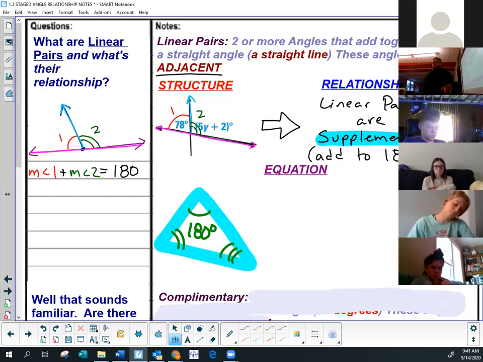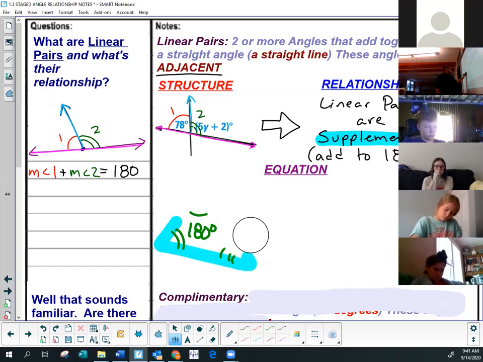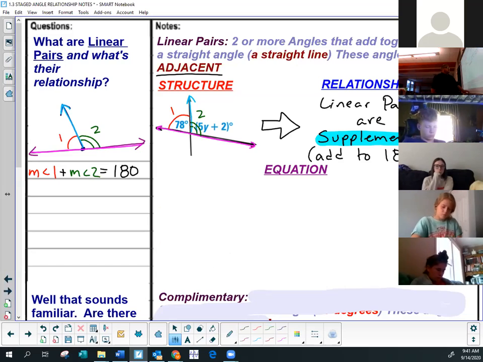What can you call them? They're supplementary, but they're not linear pairs. And that's the difference I'm trying to demonstrate here: linear pairs are always supplementary, but you have examples of things in the world that are supplementary without being linear pairs. So I just want you to be careful with that, because again, supplementary is just a generic term.